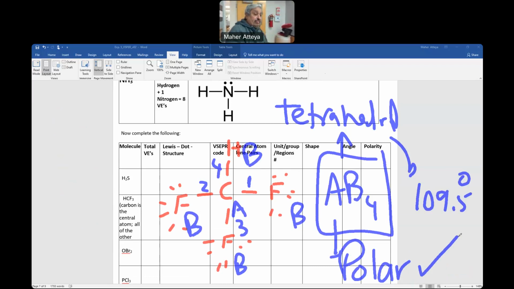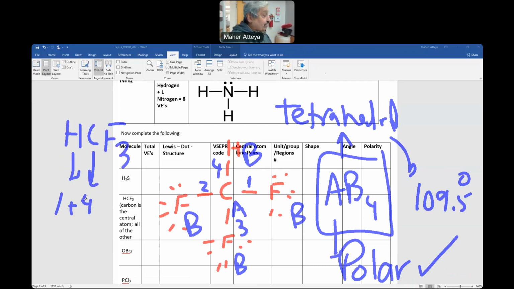So now you tell me how to calculate the total valence electrons. Somebody help me here? HCF3. Hydrogen has 1 valence electron, correct? Carbon is 4A, or 4th group, plus 4.